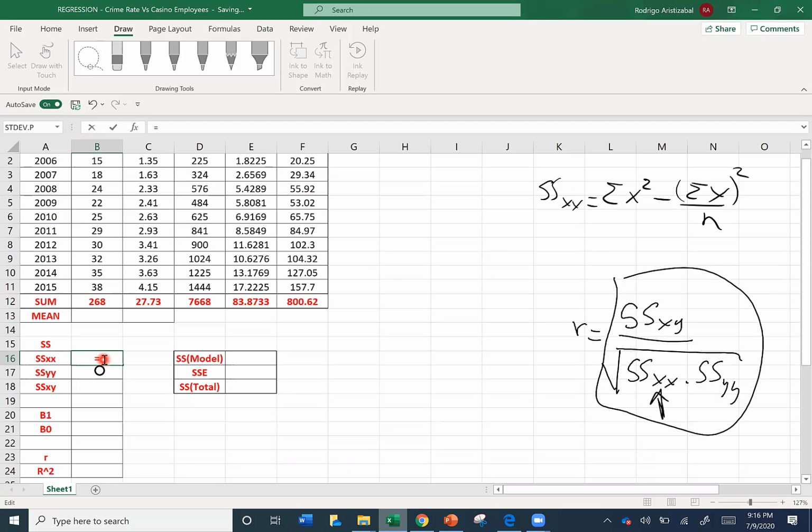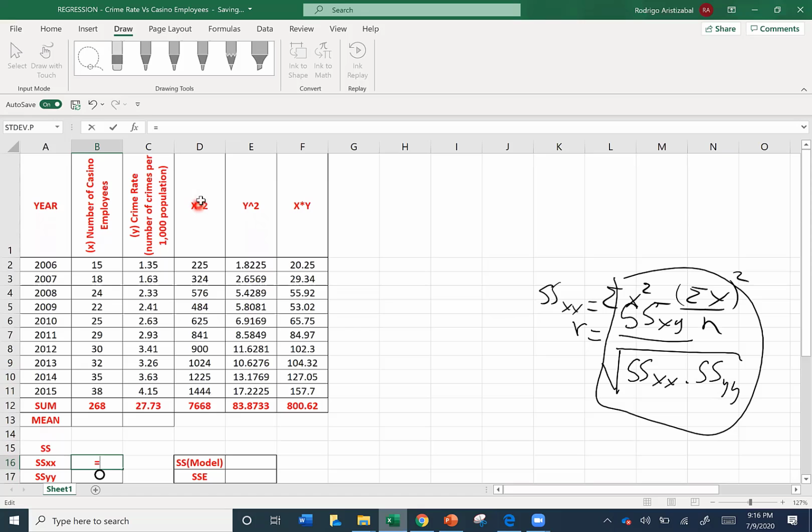We have from 2006 to 2015, 1, 2, 3, 4, 5, 6, 7, 8, 9, 10 years. 10 years of information. Then the sum of all x squared is located in this row, in this column here. That is the sum of all x squared minus the sum of all x, located here, raised to the second power divided by 10. That is the sum of squares of xx.